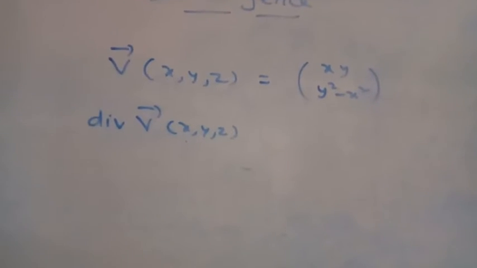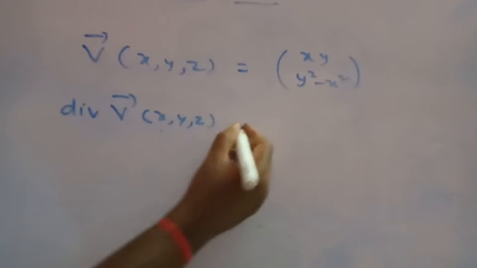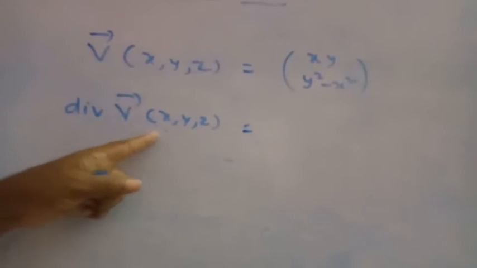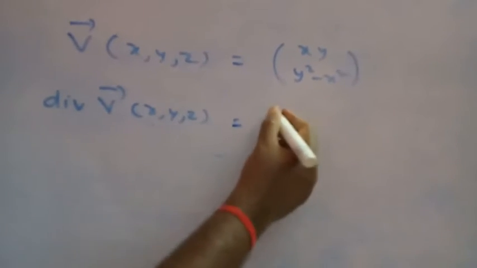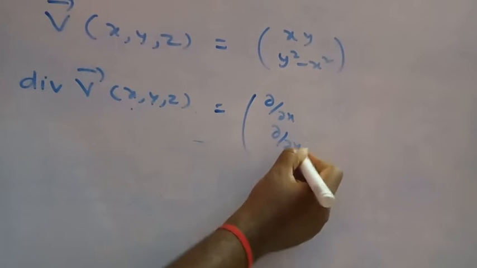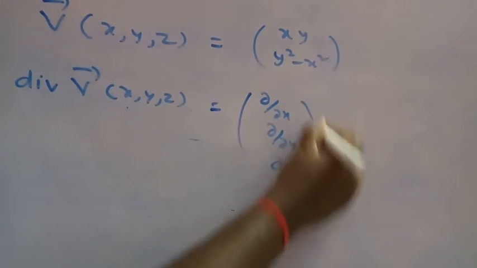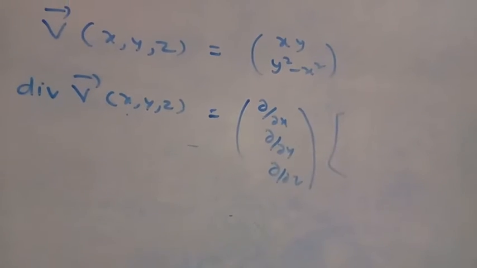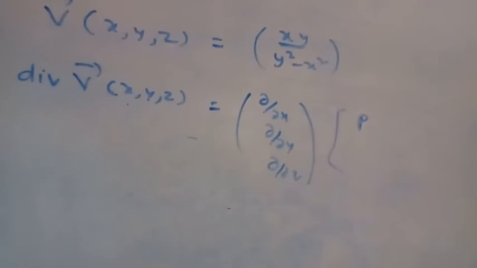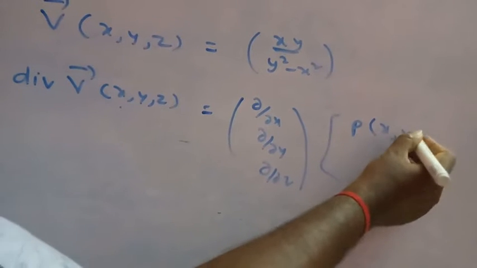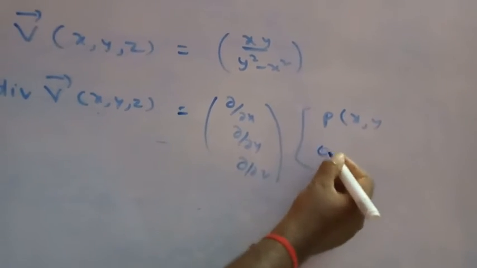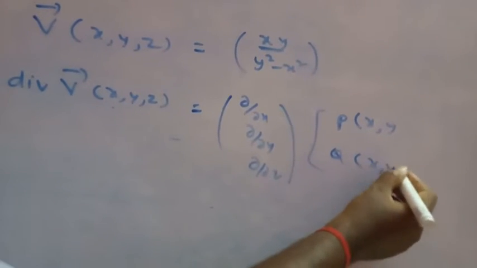If you are finding the divergence of v, it is better to write it like this: divergence of v of x, y, z is equal to dou by dou x, dou by dou y, dou by dou z, dotted with this term. Together we take this as p of x comma y, and here it is q of x comma y.